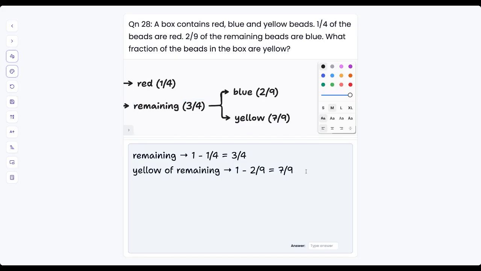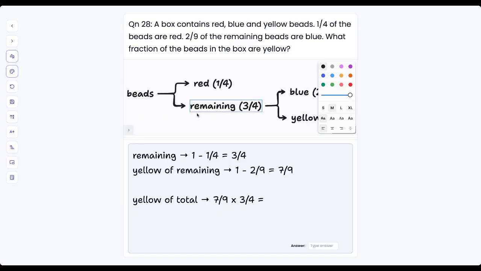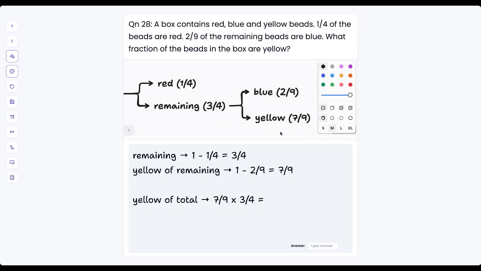So now, what is the fraction of yellow? Yellow of the total is basically 7 over 9 times 3 quarters. Whenever you branch out, this yellow fraction is not the actual fraction. If you see the branch out, you need to multiply these two fractions.